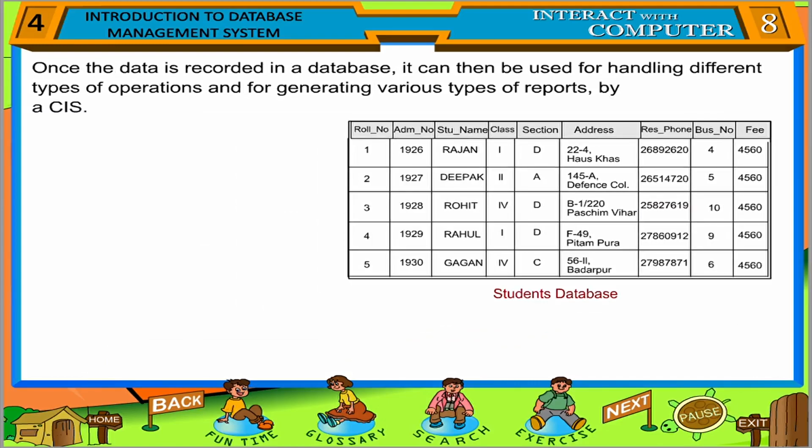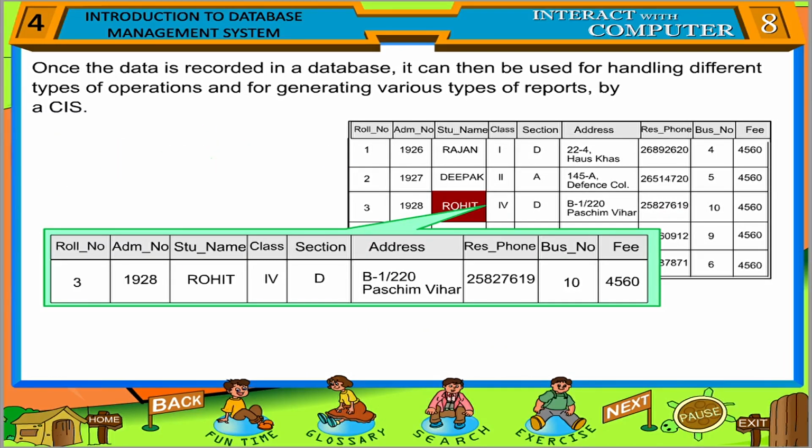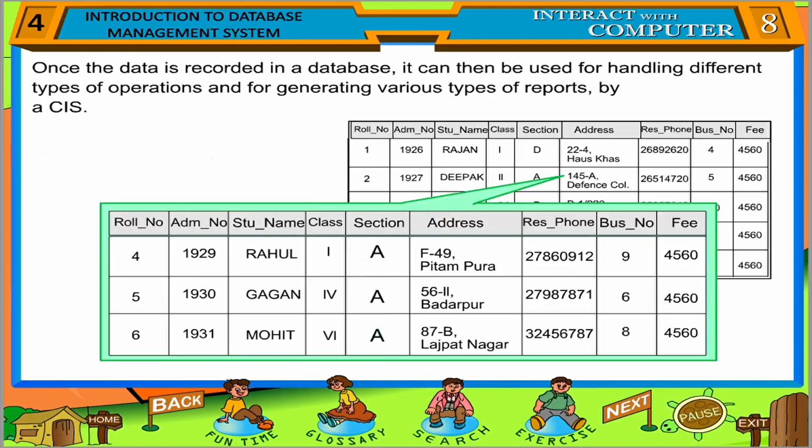Once the data is recorded in a database, it can then be used for handling different types of operations and for generating various types of reports by a CIS.